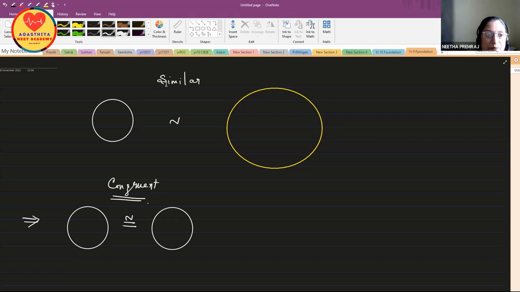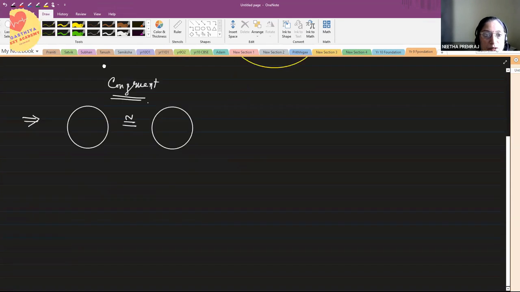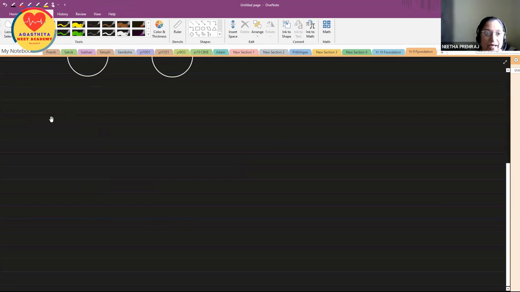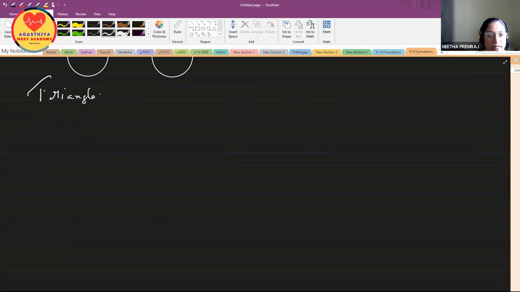We will see them one by one. Today's topic is triangles, and the subtopic is congruency. Write a title, put a date, and write the title: Triangle, under that Congruent.